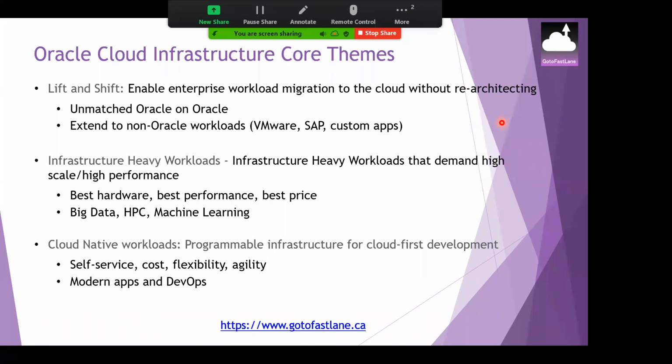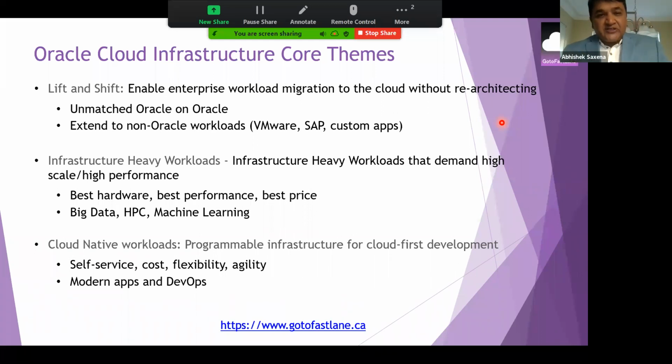So Abhishek, do you want to take all these models? Yeah, basically lift and shift. Most of the customers are still running in an on-premises environment. Suppose you created 20, 30 forms and 20, 30 reports that are still on 12c, and you want to take them to the cloud. What do you need to do?